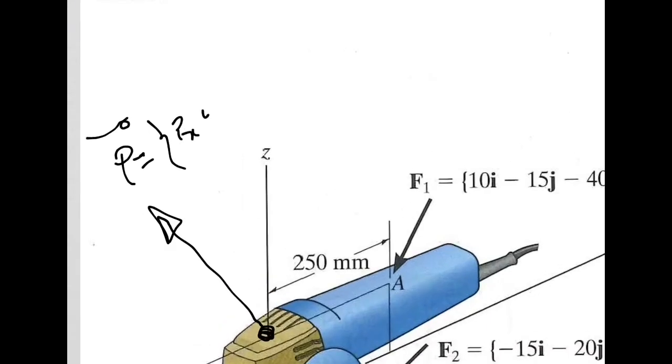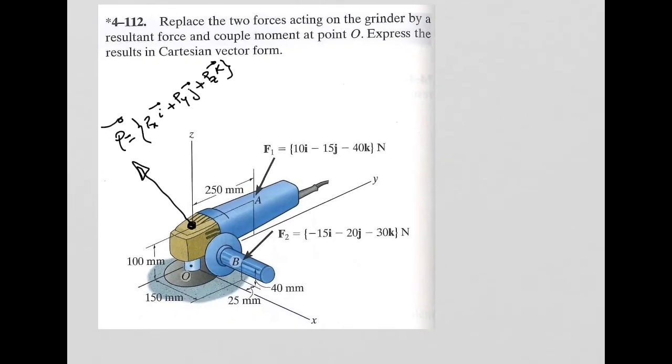Px i plus Py j plus Pz k. So imagine that I modify this problem a little bit and then I say, okay, I have this force P, which I don't know what are the components Px, Py, and Pz.